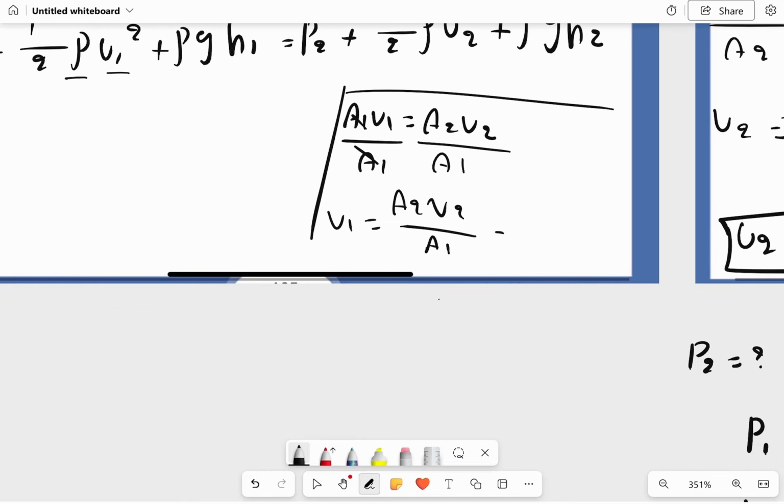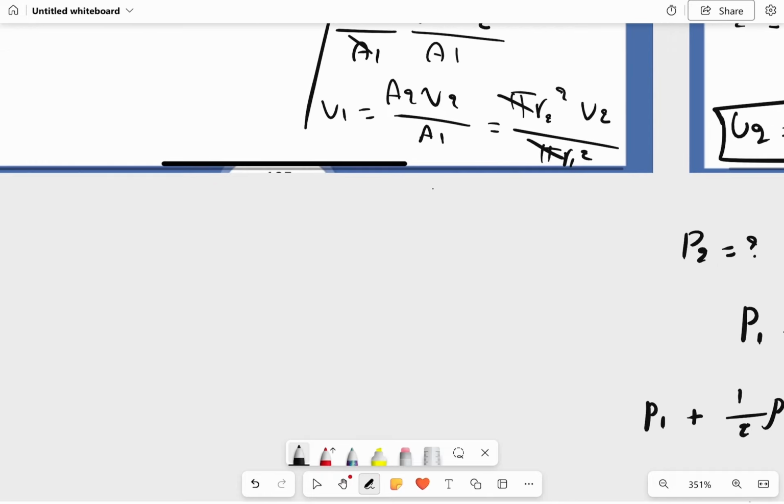So this is equal to pi R2 squared multiplied by V2 divided by pi R1 squared. Pi is the same, so they cancel. So you have R2 squared V2 divided by R1 squared.